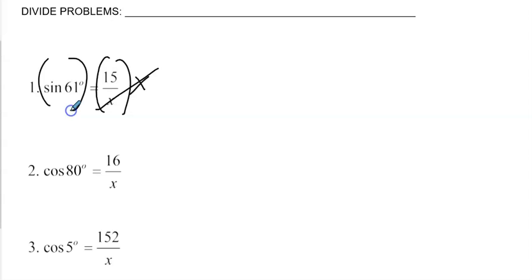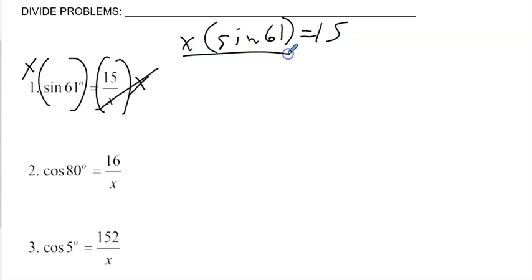So we're going to multiply x on both sides. So that gives us x times the sine of 61 equals 15. Now how do we get x by itself? Well, we need to divide by the sine of 61 on both sides. So x will be that division problem.